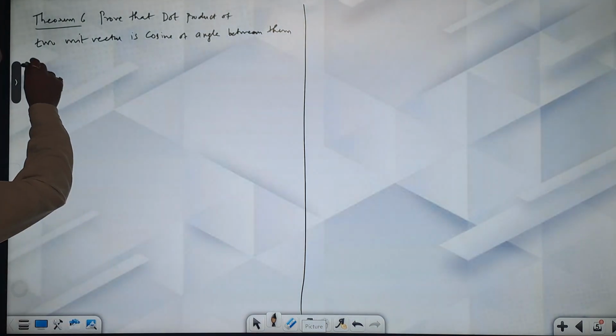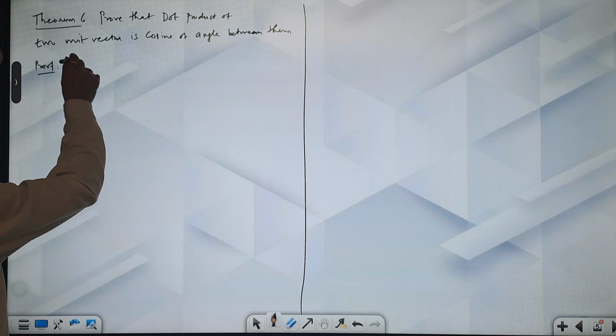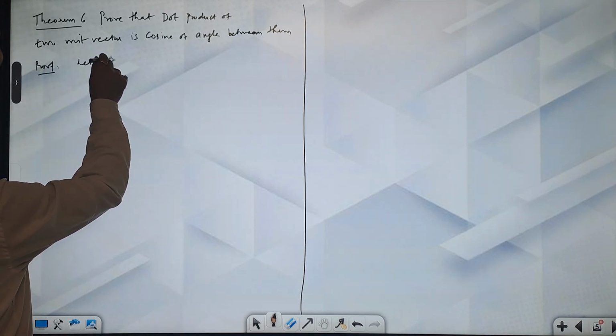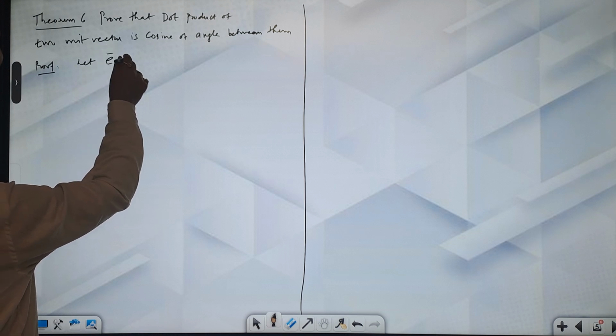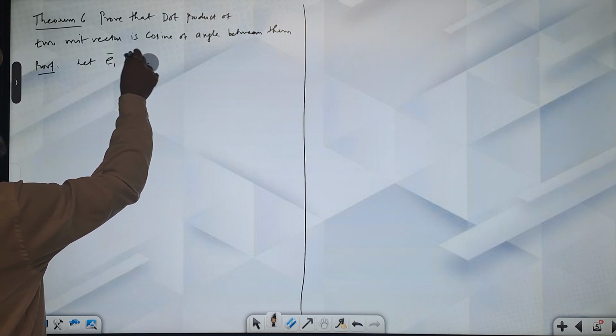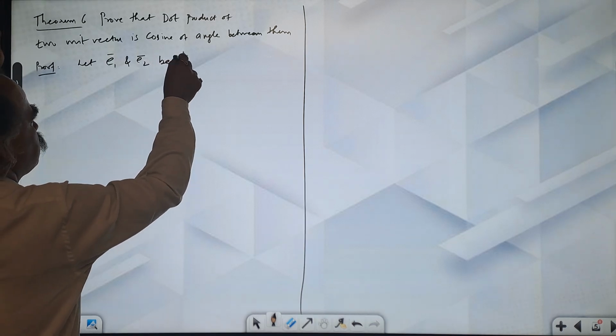See the proof. Let E1 bar and E2 bar be two unit vectors.